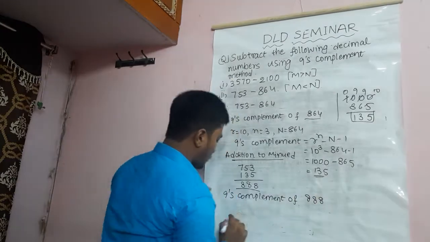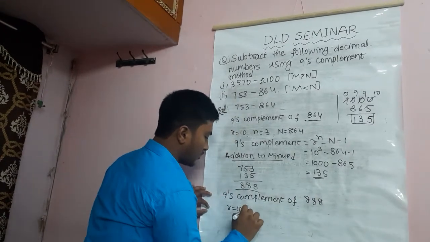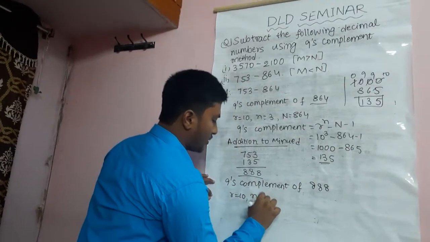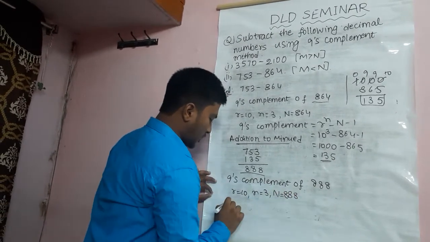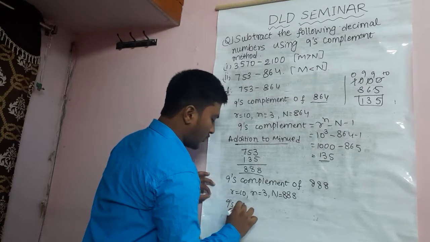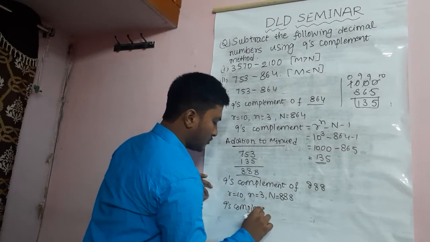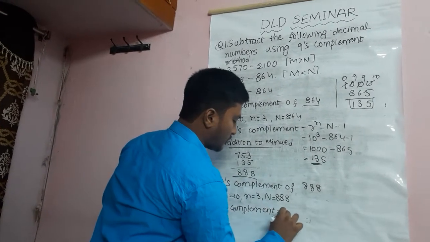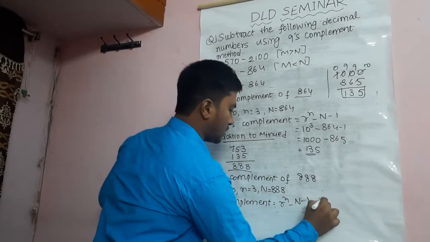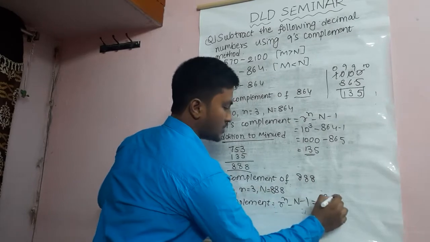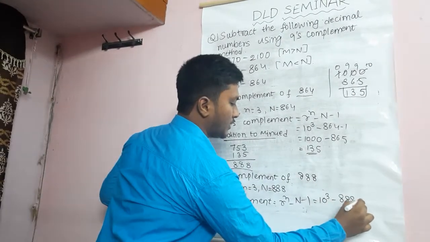So r equal to 10, small n equal to 3, number of digits, capital N is the number itself. So 9's complement, already we know the formula, r power n minus capital N minus 1. So r is 10, 10 power 3 minus capital N is 888 minus 1.